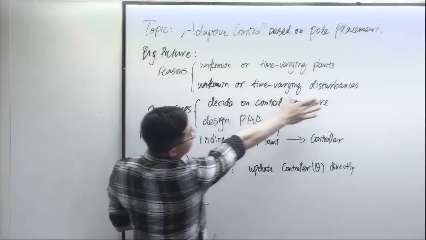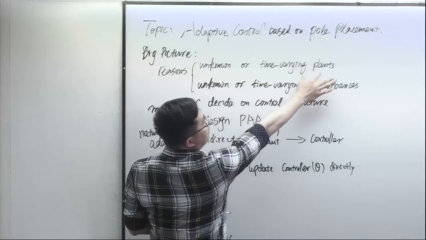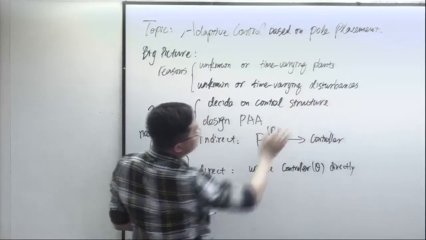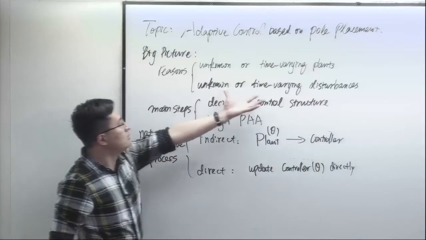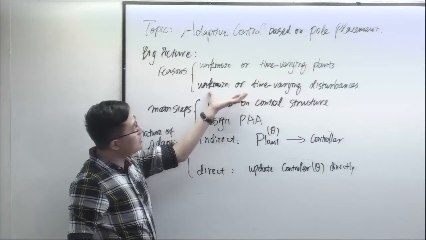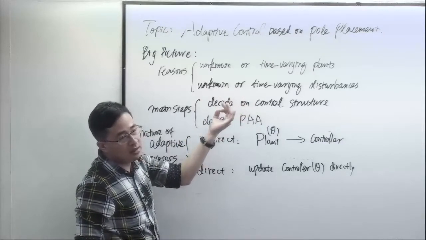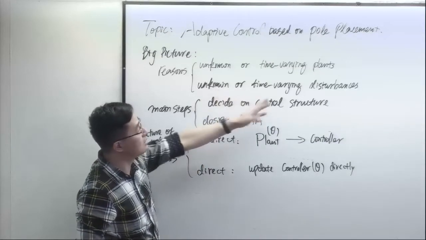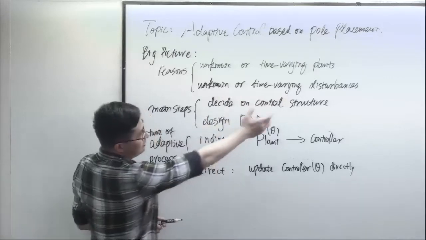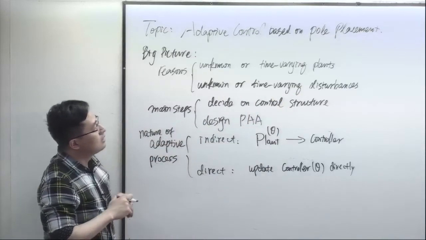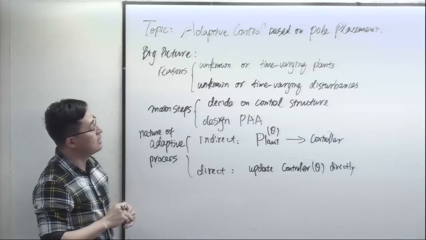And then there will be scenarios where even if your plant is working fine, there is substantial disturbance. You may know something about the disturbance. You may know it's a drift, it's a constant, but you don't know exactly what those parameters of this disturbance are. And then they can also change as well. In these scenarios, adaptation is usually the best way to do.